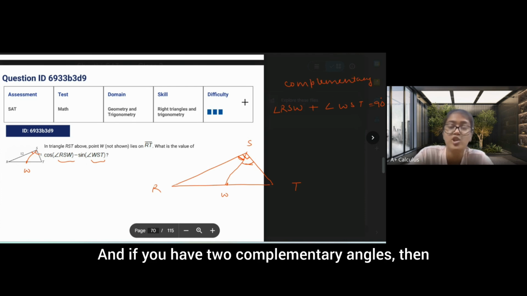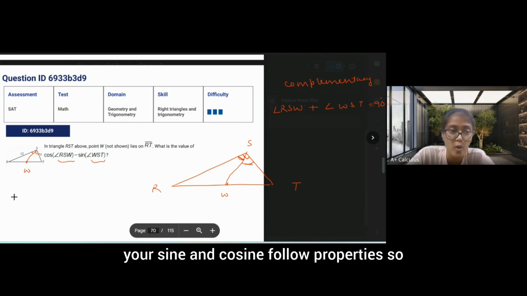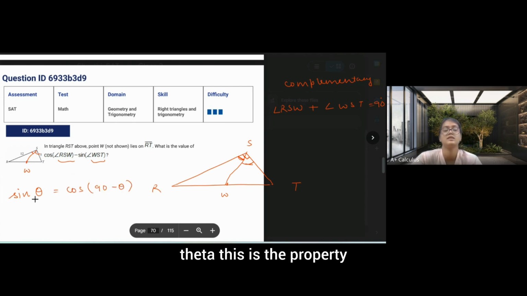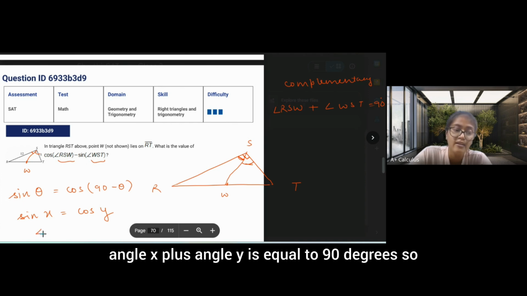If you have two complementary angles, then sine and cosine follow a property: sine of theta is equal to cosine of 90 minus theta. Also, sine of x is equal to cosine of y if angle x plus angle y is equal to 90 degrees.